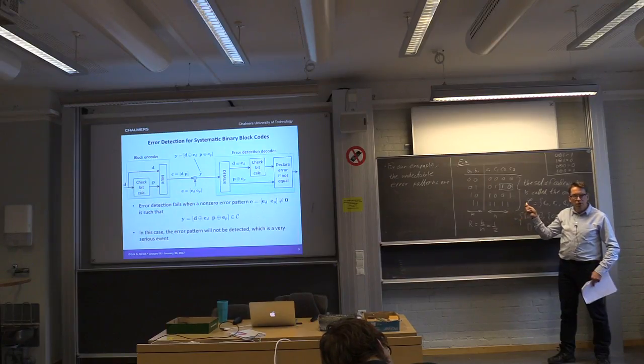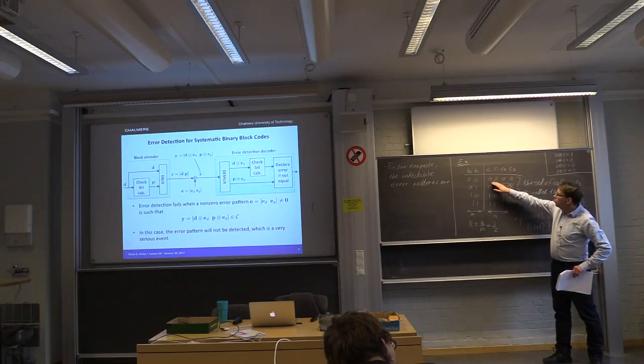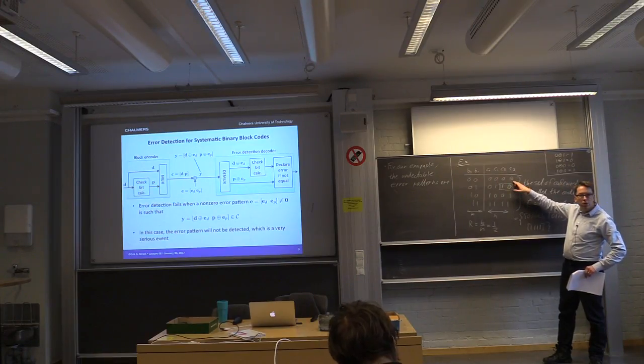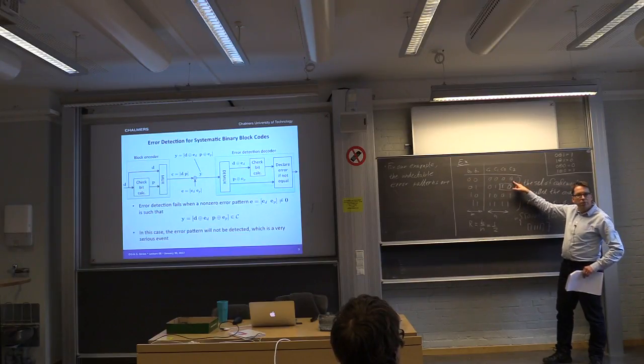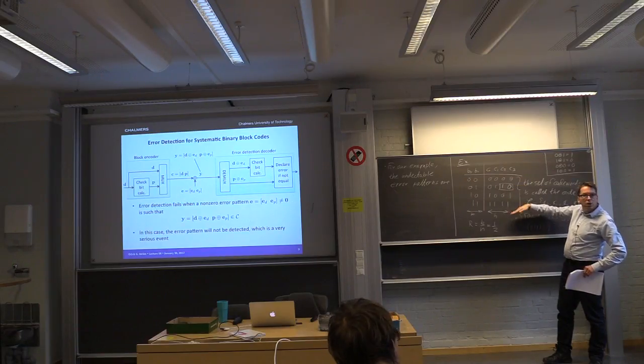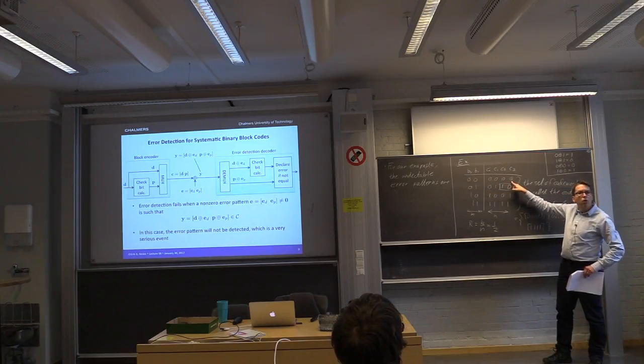So it will detect all single error patterns here. For simplicity, let's assume that we transmit the all zero word. If one error occurs, then one of these positions will flip its polarity and become a 1, and you see that there are no such code words down here. So an error can occur here, here, here, or here. All of these will be detected.